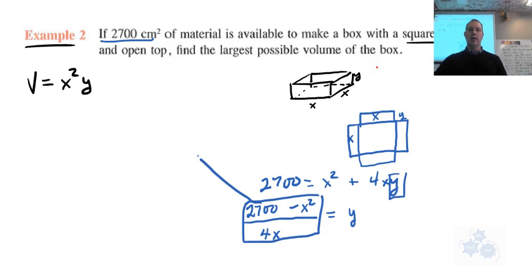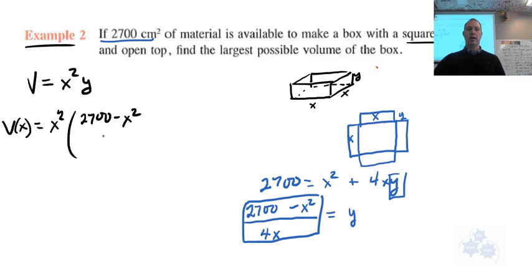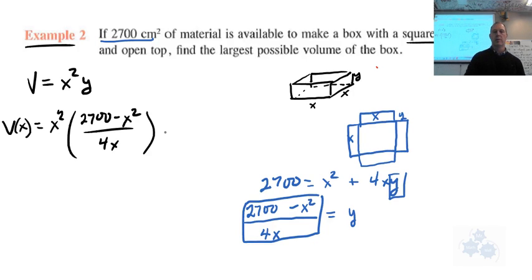So now I'm going to put this into my relation here and make it a function in terms of only x. So volume is now going to be a function of x. It's going to be x squared times, and what is y? 2,700 minus x squared over 4x. So that step right there is very important.